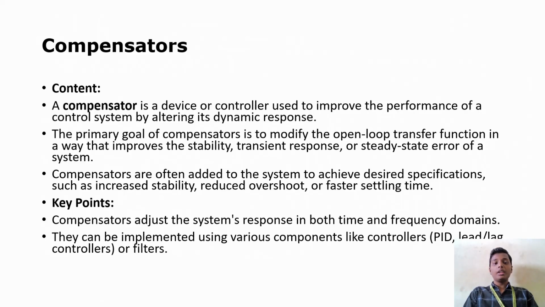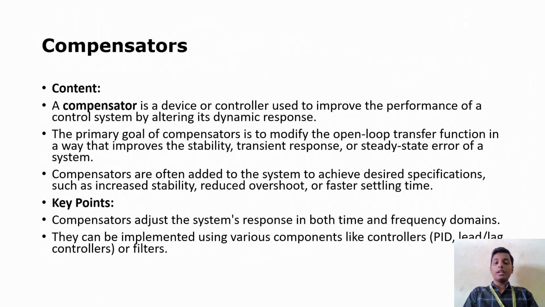Compensators. A compensator is a device or control used to improve the performance of a control system by altering its dynamic response. The primary goal of a compensator is to modify the open loop transfer function in a way that improves the stability, transient response, or steady state error of a system.